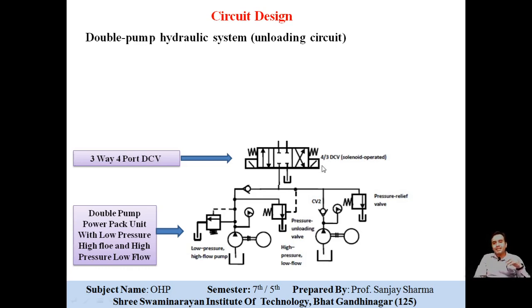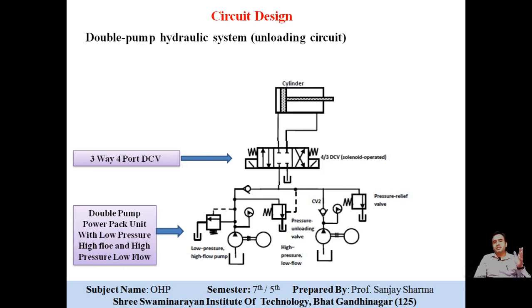So for that, the pressure relief valve is provided. So this is the 3-way 4-port direction control valve. Moving left and right will change the direction of loading and unloading of the shearing machine.